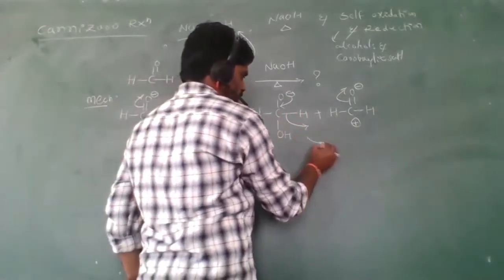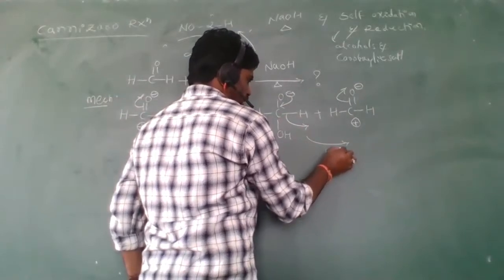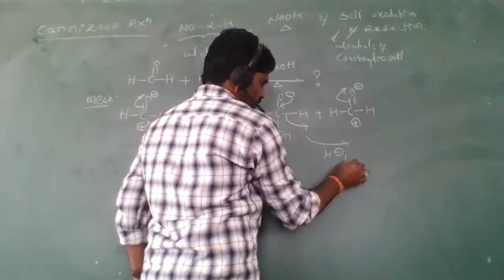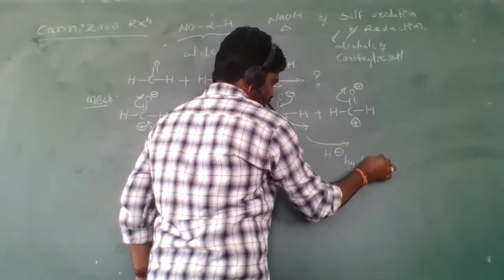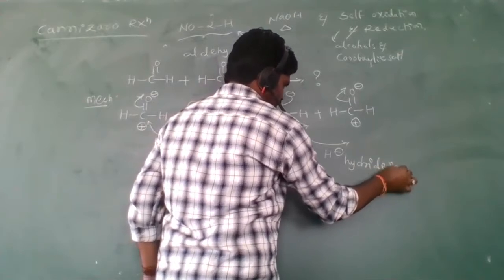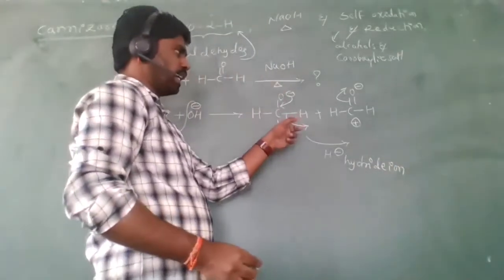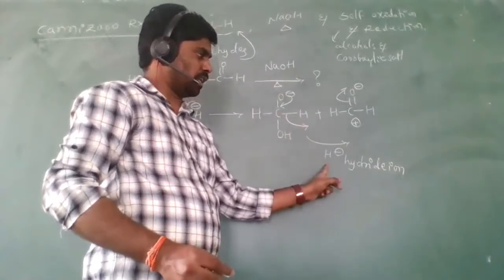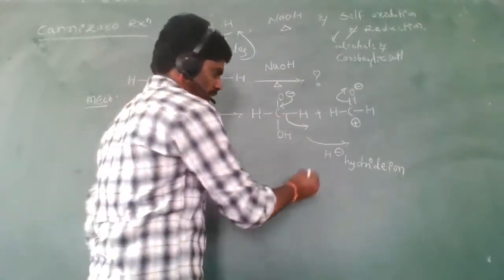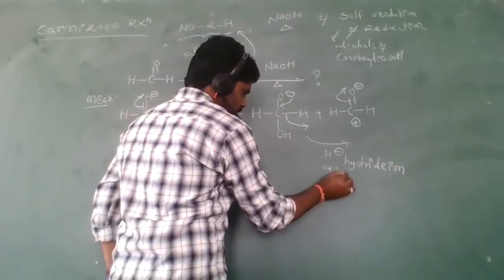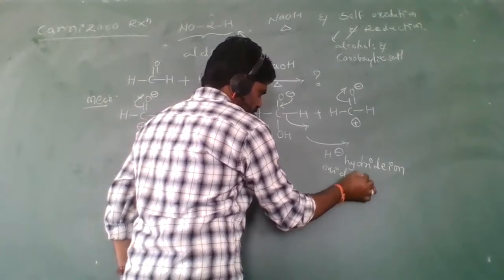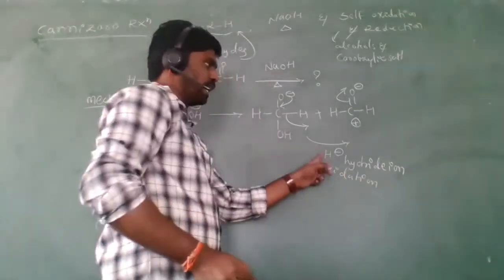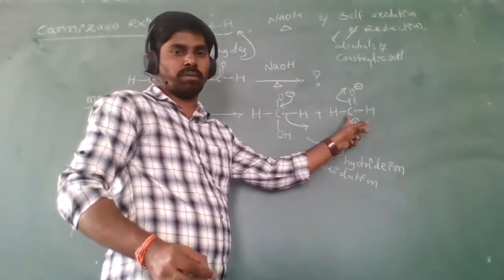That's why I'm writing hydride ion. When the formaldehyde loses the hydride ion, that is the oxidation. The hydride ion then combines with another mole of formaldehyde.